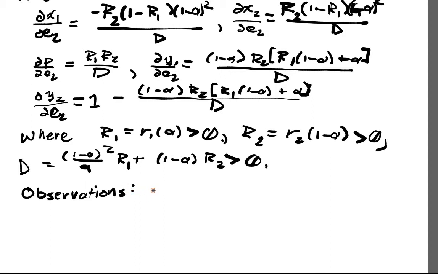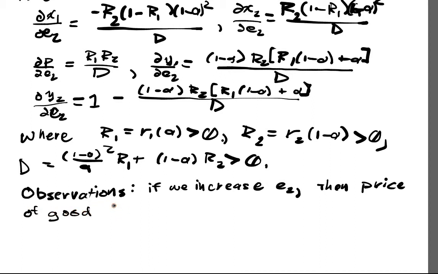If we increase E2, so we're going to increase endowment 2, then the price of good 1 relative to good 2 increases, because dp over dE2 equals R1 R2 over d, everything here is positive, and so as I increase E2, I get a higher relative price.